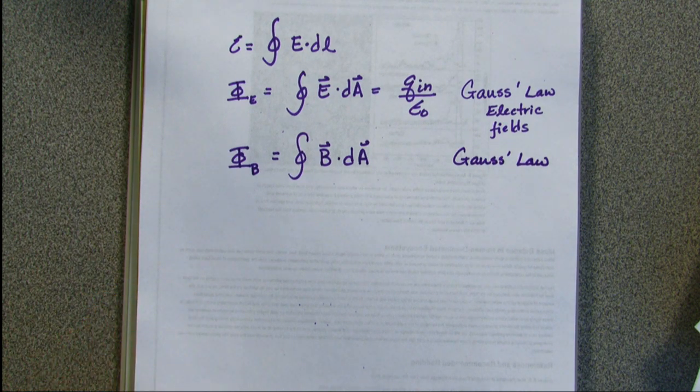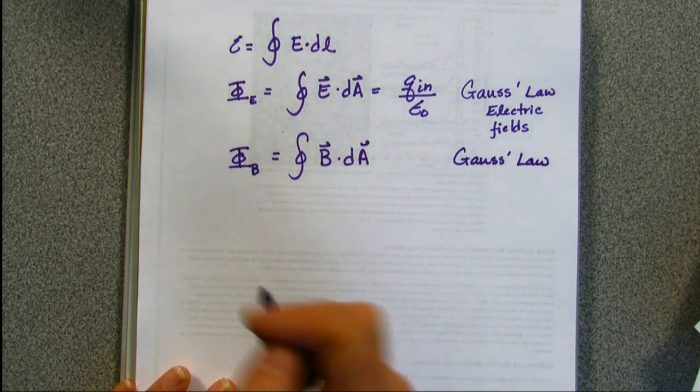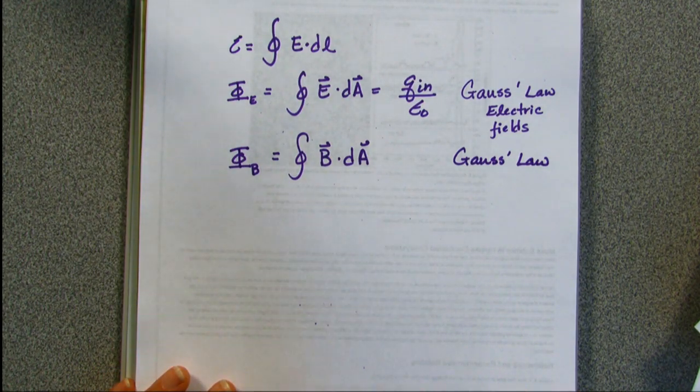And what we've been seeing from Faraday's experiments and doing a variety of things is that a changing current produces a magnetic field, and a changing magnetic field produces a current.